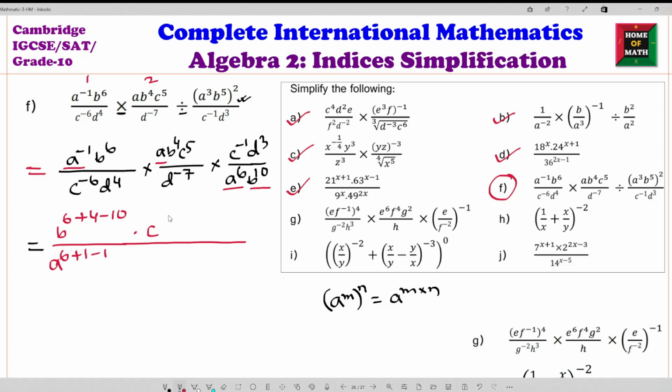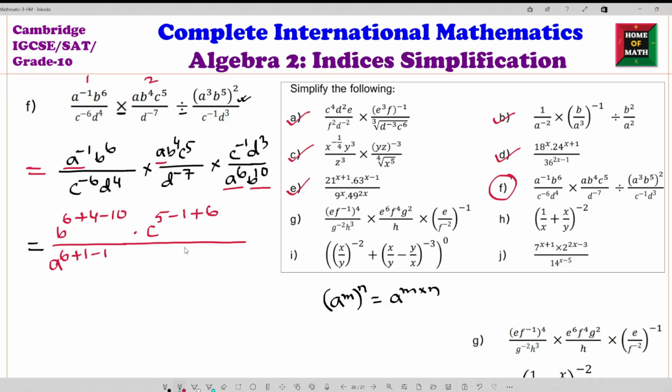Here is 5, here is minus 1, and in the denominator here is minus 6. Okay, is any other c available? c to the power 5 and c to the power minus 1. So we can write this minus 6 will become plus 6, right?